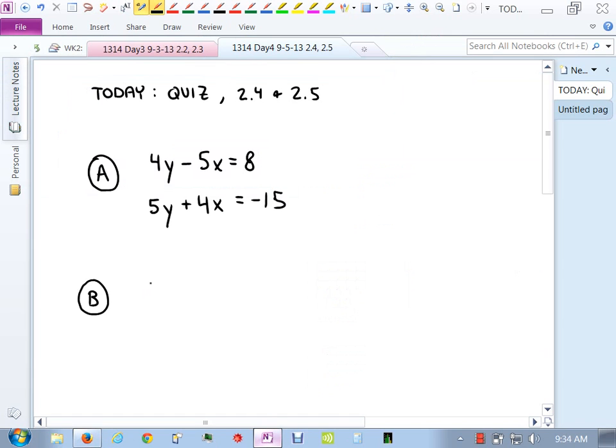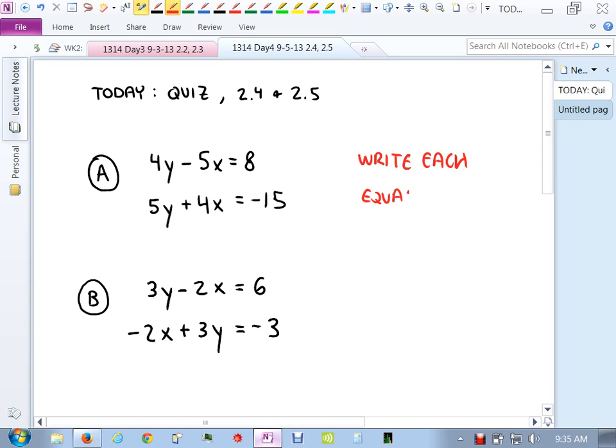Okay, so B is going to be... okay. The instructions for these problems are as follows. Write each equation in slope-intercept form. What slope-intercept form?